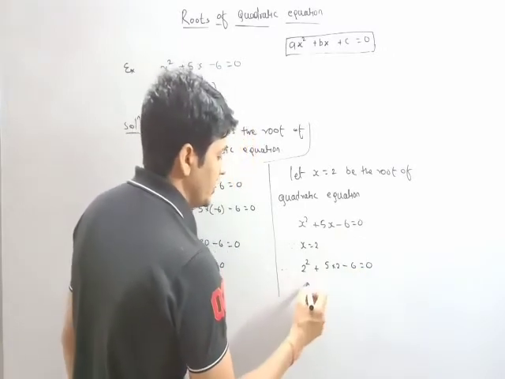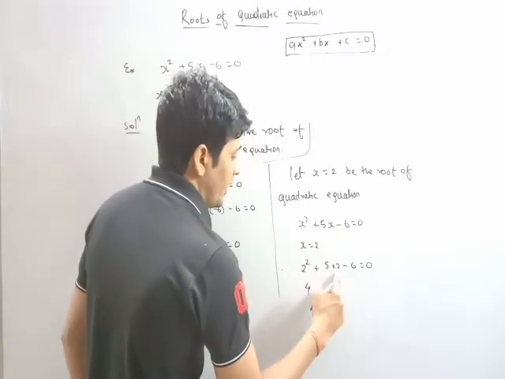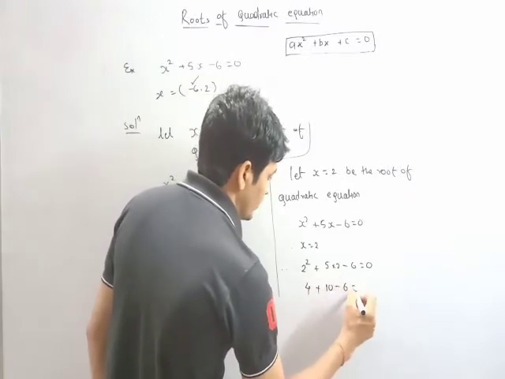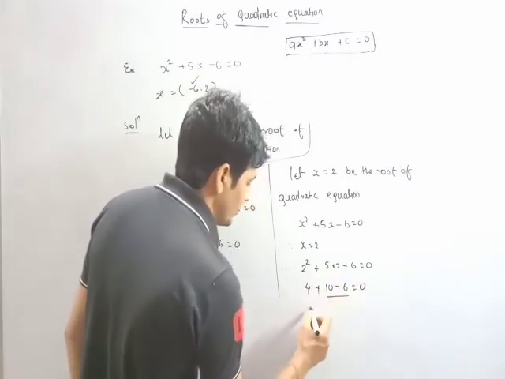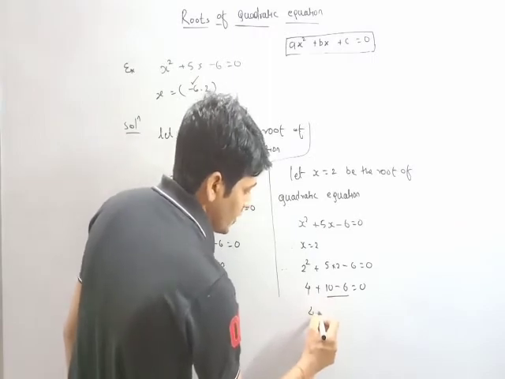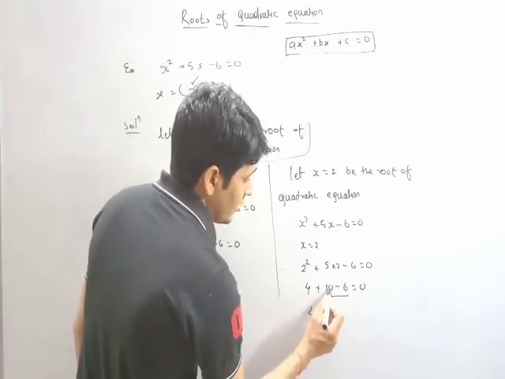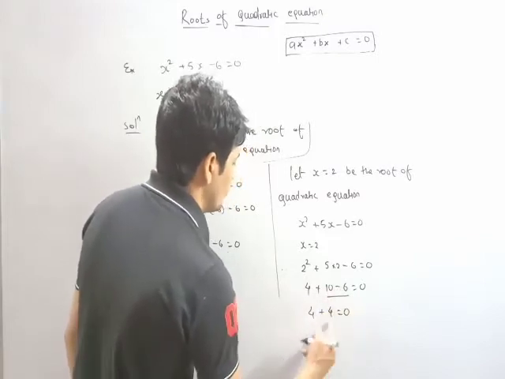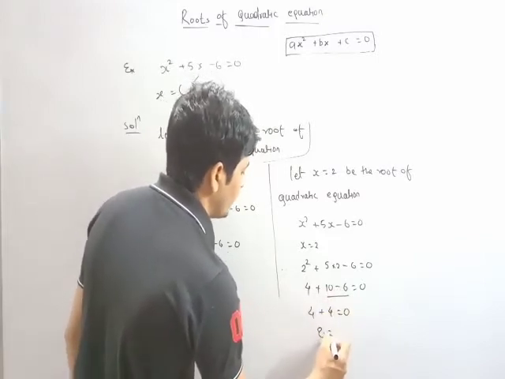The square of 2 is 4, plus 5 2s are 10, minus 6 equals to 0. If we solve this, we get 4 plus 10 minus 6 is 8, equals to 0.